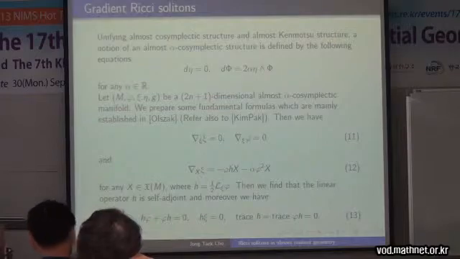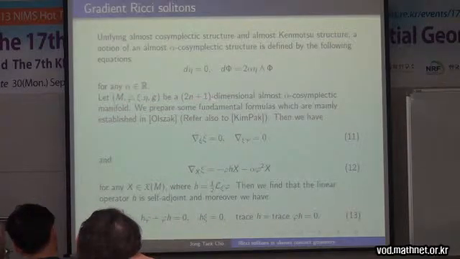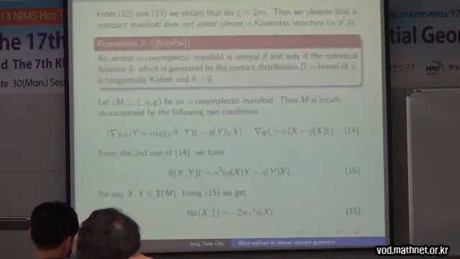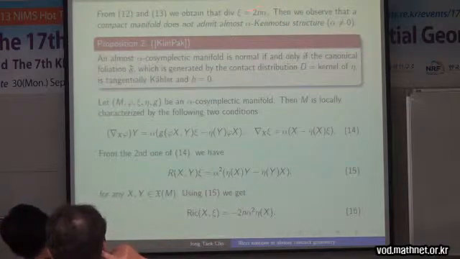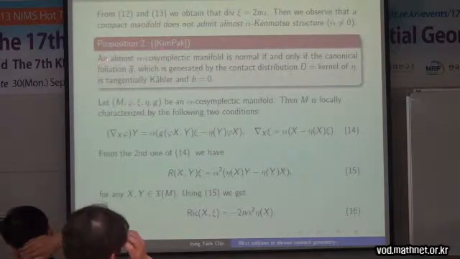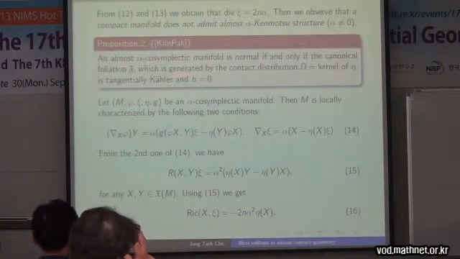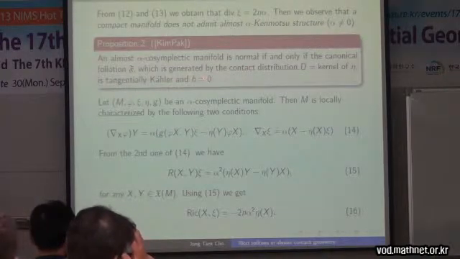Let M be a 2n+1 dimensional almost alpha Kenmotsu manifold. We prepare some fundamental formulas like in the cosymplectic case. We have these equations, and similar to the cosymplectic case, an almost alpha Kenmotsu manifold is normal if and only if the canonical foliation is tangentially scalar and h is 0.